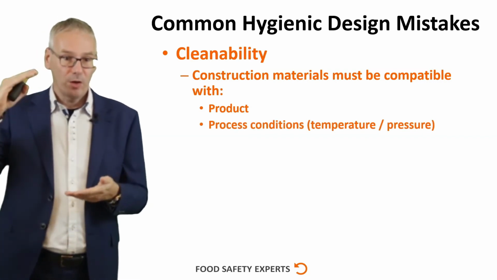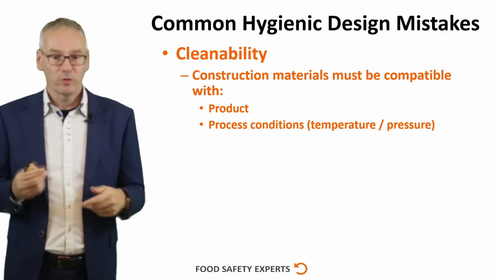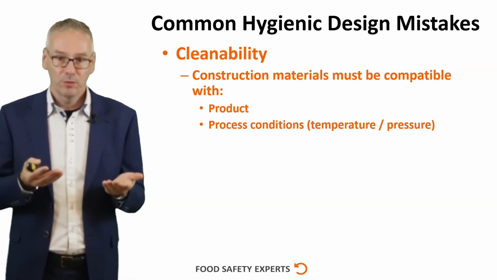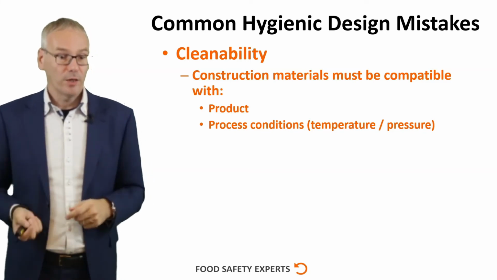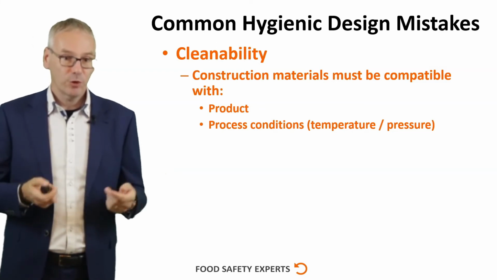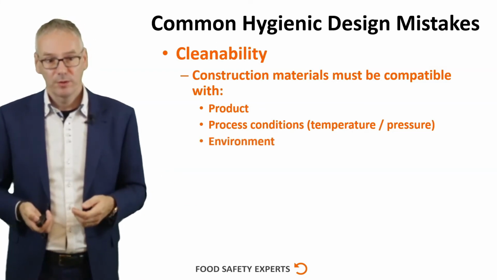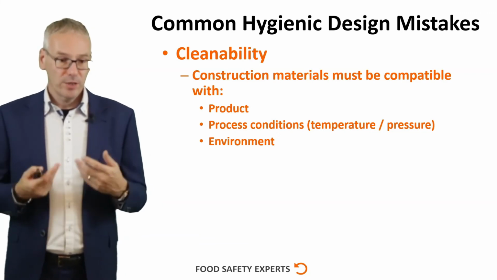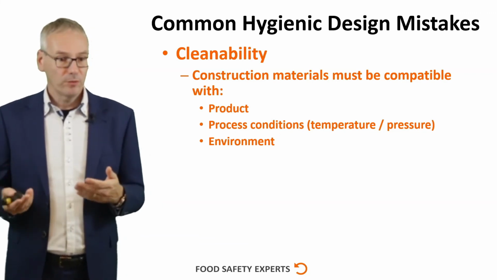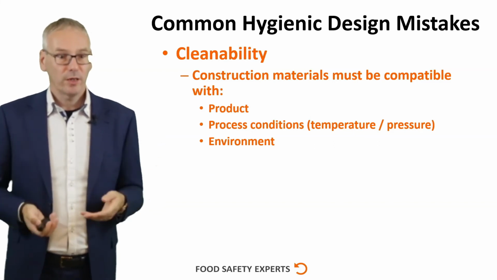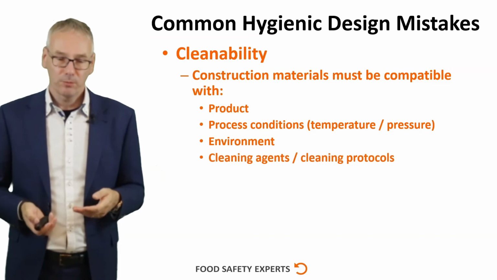If you have very high temperatures or even very low temperatures for frozen products, it requires a different type of material. In some processes you apply a lot of pressure to your product stream, and again that requires certain types of materials. But also the environment that these materials are placed in. Is it a humid environment? Is there a lot of water, or is it totally dry? It really determines, again, the choice of your material.